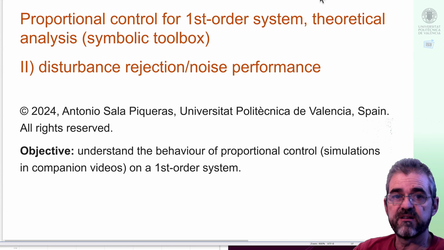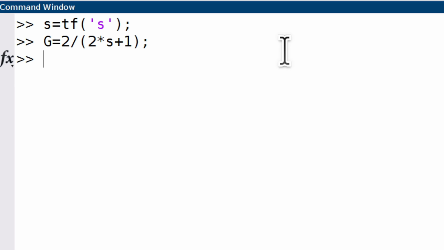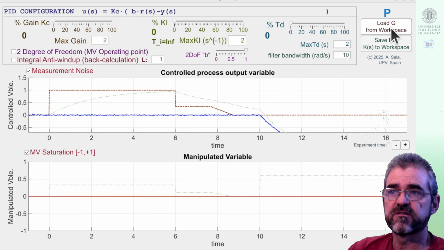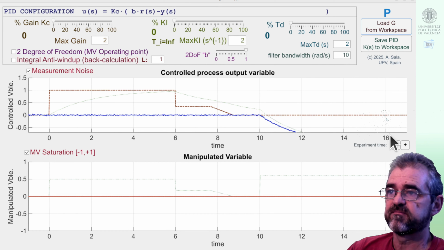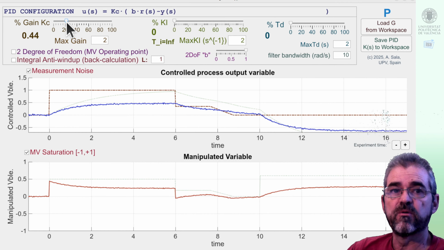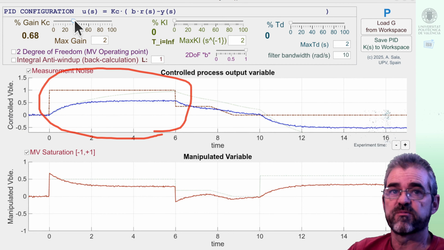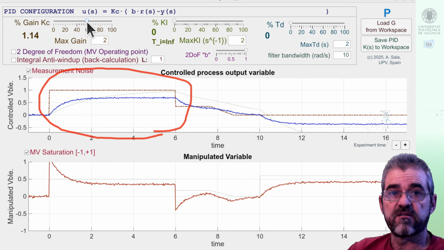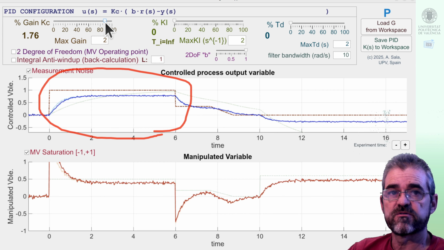If we recall previous videos, we had a system, this one, and we executed an application, so loading from workspace. We saw that the higher the gain, the lower the position error in setpoint tracking response, and the faster the transient was.